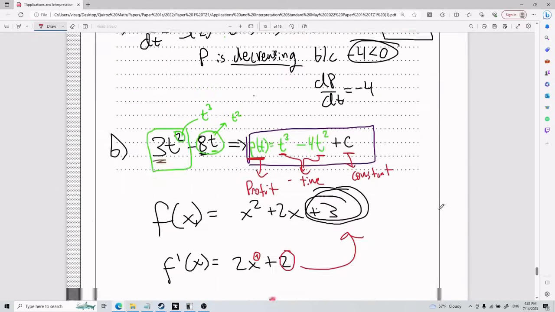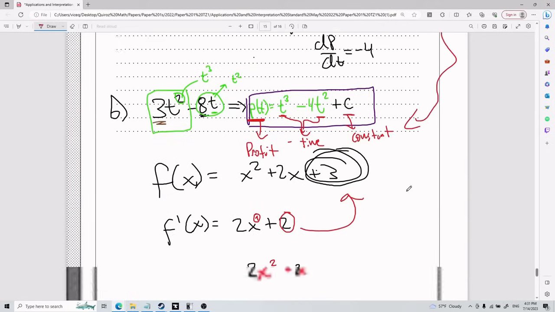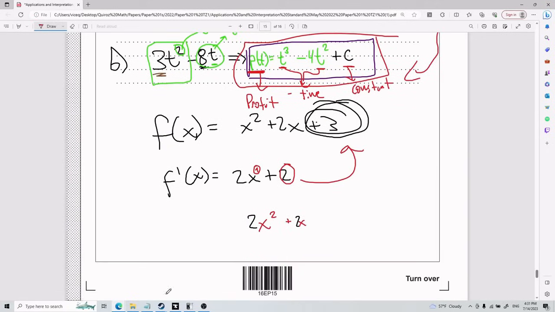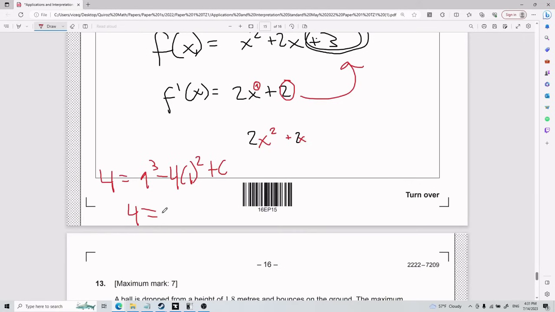Interesting. So I go ahead and plug in 1, comma 4 down here. If I take this 1, comma 4 and plug it in down here, this guy in purple, I end up with 4 equals 1 cubed minus 4 times 1 squared plus c. So 4 equals 1 times 1 times 1 is 1 minus 4 times 1 plus c.